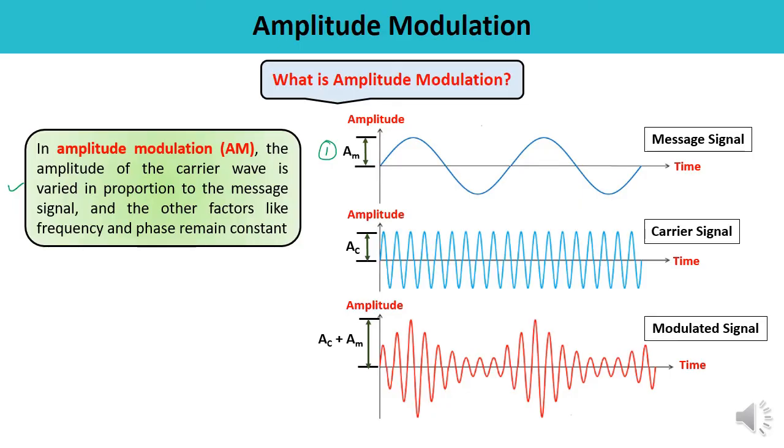Second is the carrier signal, here the amplitude is mentioned as AC. This carrier wave is varied according to the message signal, and the resultant is the modulated signal, shown in waveform number 3. It means in amplitude modulation, only the amplitude is varying, right?